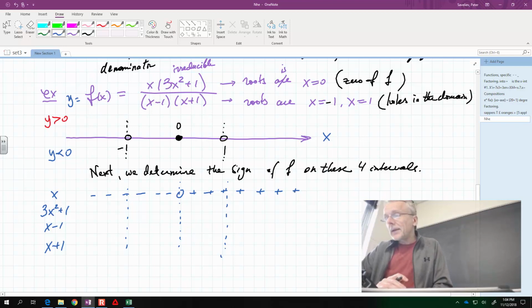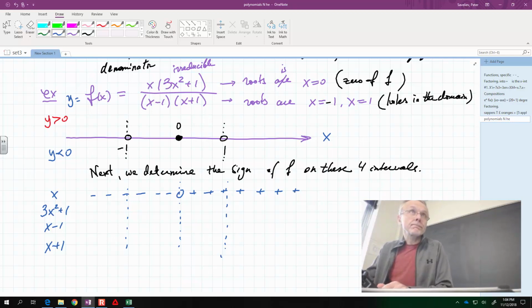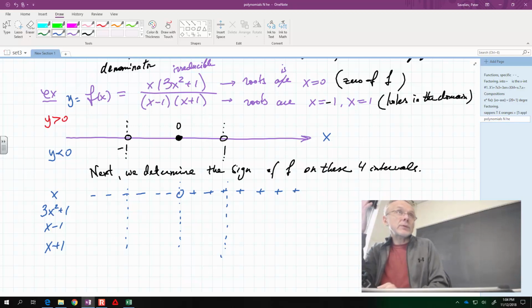Okay. 3x squared plus 1. What do we know about the sign of 3x squared plus 1? First of all, why didn't I factor it? It is irreducible, right? And what's so special about irreducible?